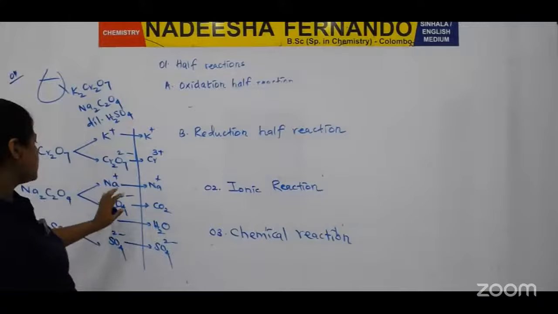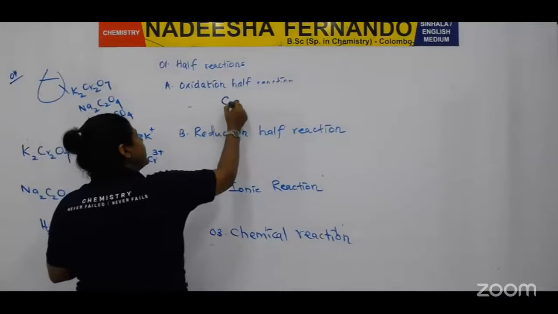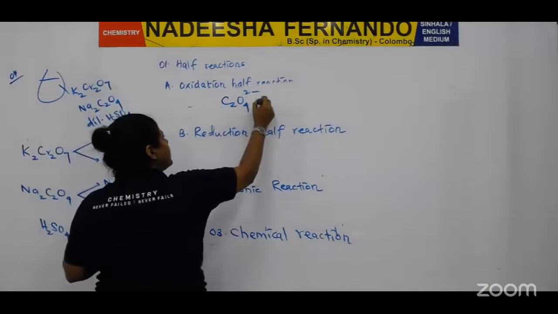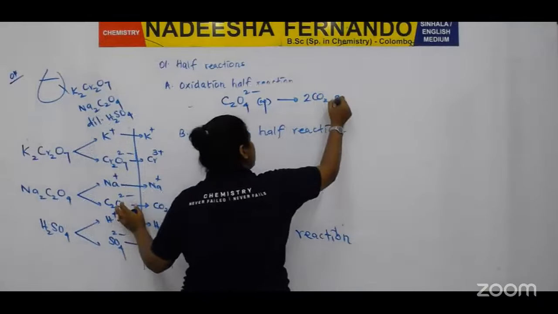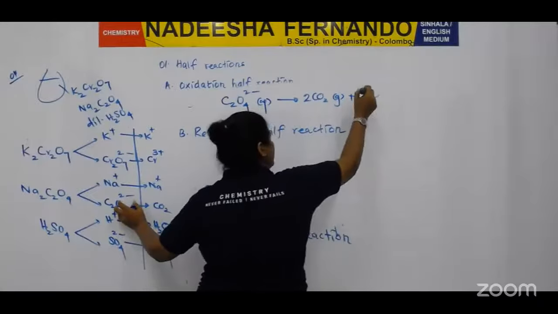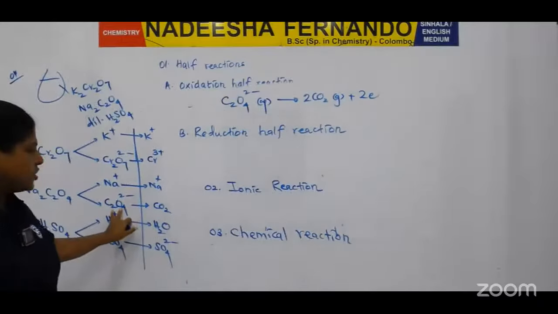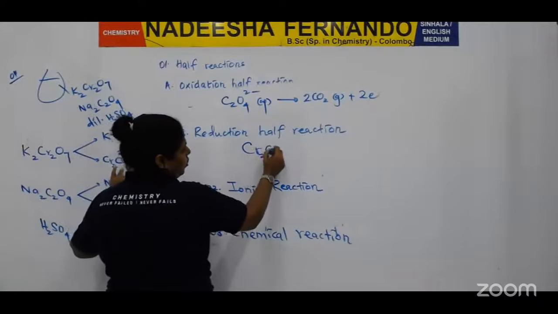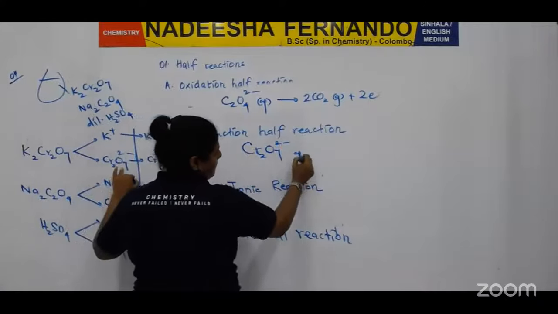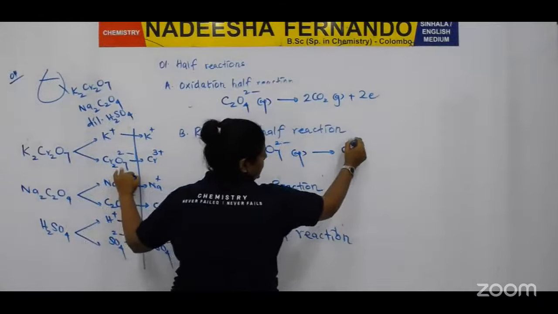Right, oxidation, you know that C2O4 2 minus goes to 2CO2 gas plus 2 electrons. That is oxidation. Reduction: Cr2O7 2 minus to Cr3 plus.